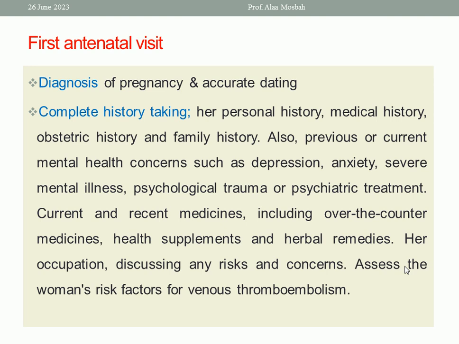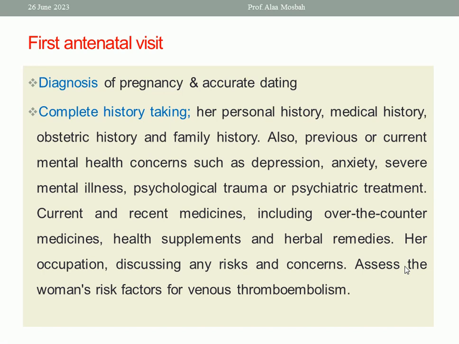It is important because you are going to diagnose the pregnancy and have an accurate dating. Also, complete history taking, including personal history, complaint, and menstrual history to know the last menstrual period, to calculate the gestational age. Also, obstetric history to know if there was any problem in previous obstetric history.